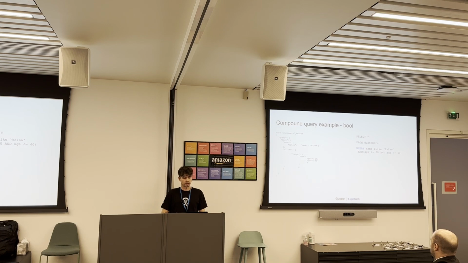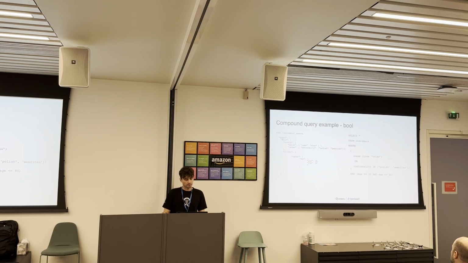Here we have match and name, so we are matching for names in Slav, and we are filtering our customers by age. So there's a range operator here. Again, as you can see, this is the corresponding SQL query. Pretty much makes sense.